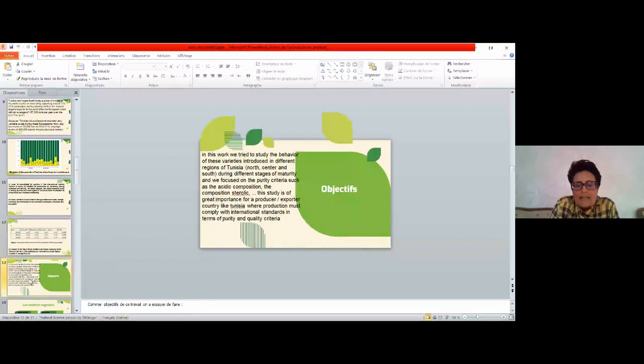In this work, we tried to study the behavior of these introduced varieties in different regions of Tunisia, north, center, and south, during different stages of maturity, and we focused on the purity criteria such as fatty acid composition and sterol composition. This study is of great importance for a producer-exporter country like Tunisia, where production must comply with international standards in terms of purity and quality criteria.